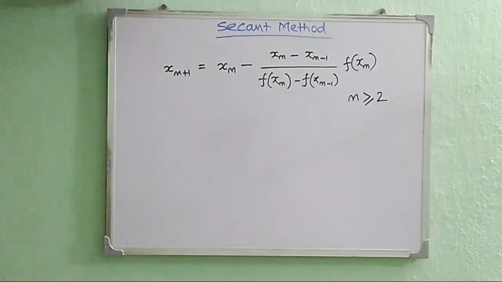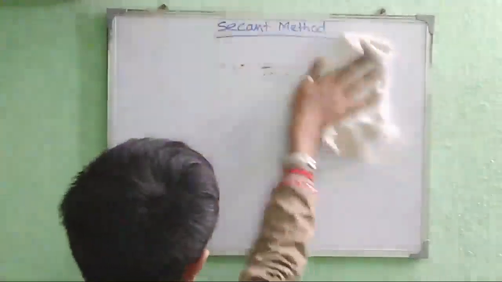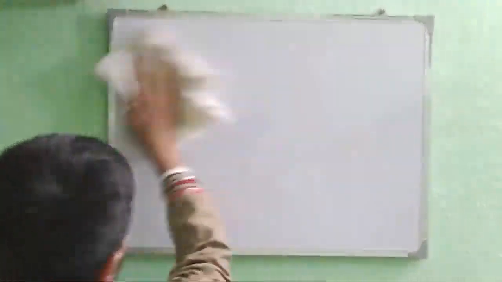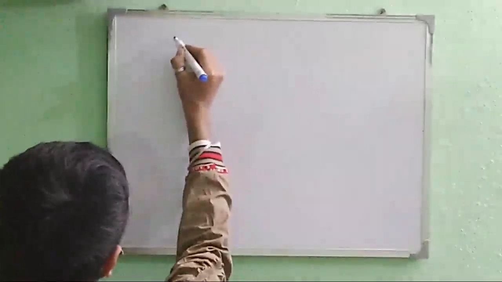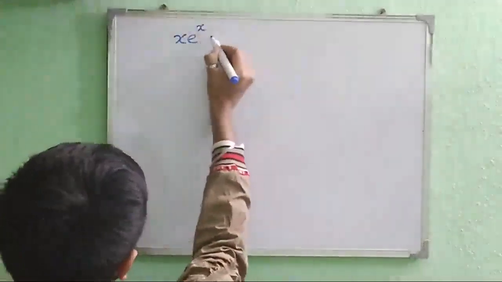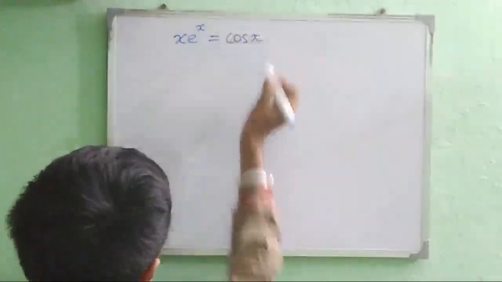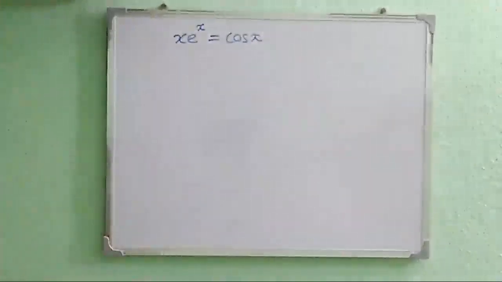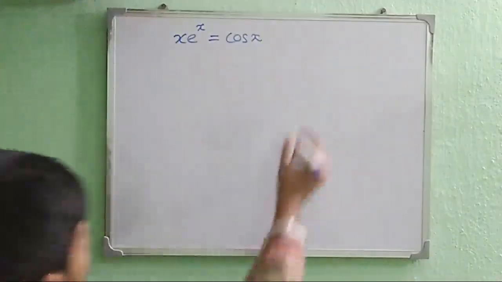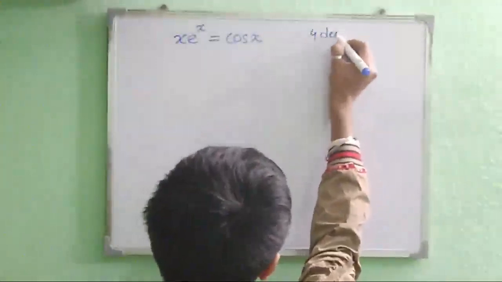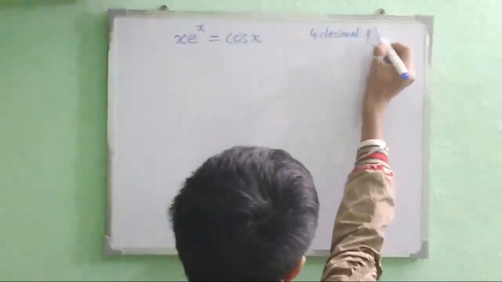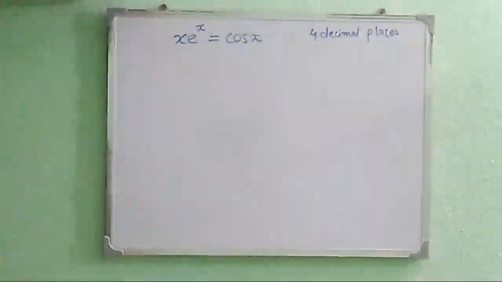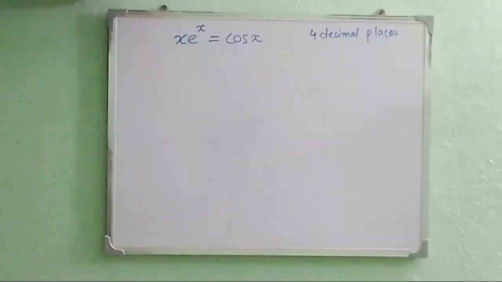Okay, now let's look at an example. The question is x e to the power x equals cos x. We have to find the root of this equation correct up to 4 decimal places.